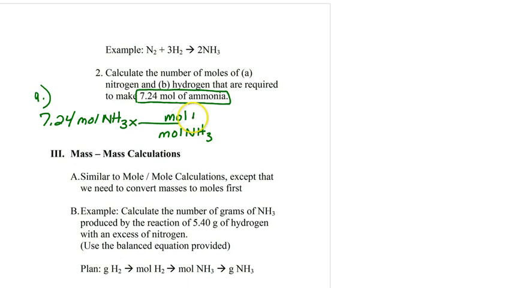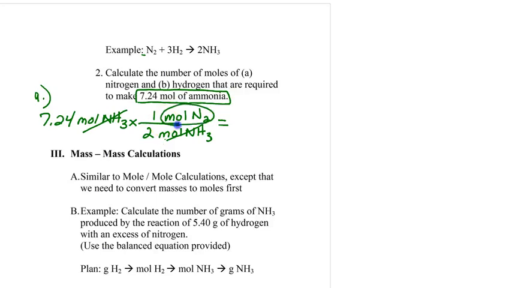So that's going to go on top. Mole to mole. Cancel, cancel. Write in your coefficients. So moles of nitrogen, 1. Moles of ammonia, 2. So now you know that you're going to divide. So you're going to take 7.24 divided by 2, plug that into your calculator.